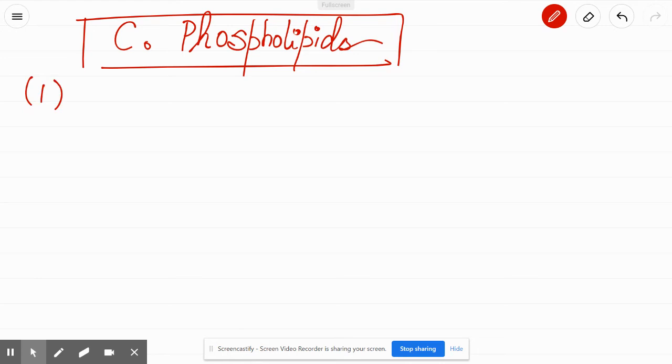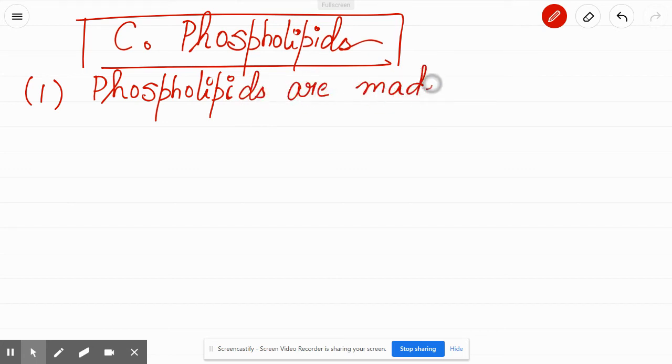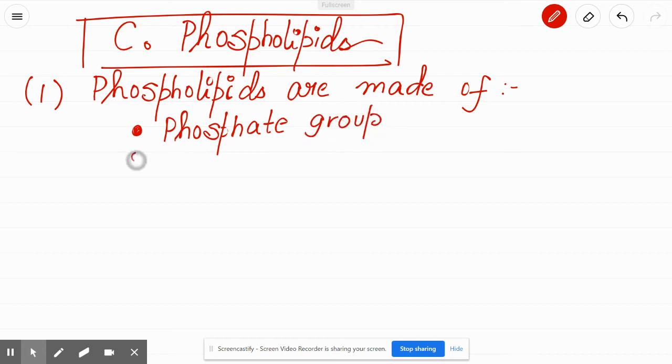Now, the very first point of discussion under phospholipids is that they are made of a phosphate group, a glycerol molecule, and two fatty acid chains.